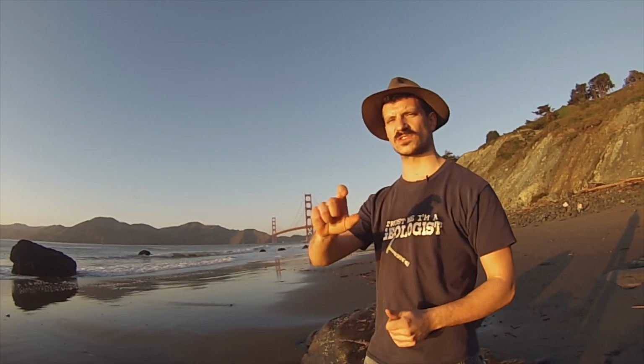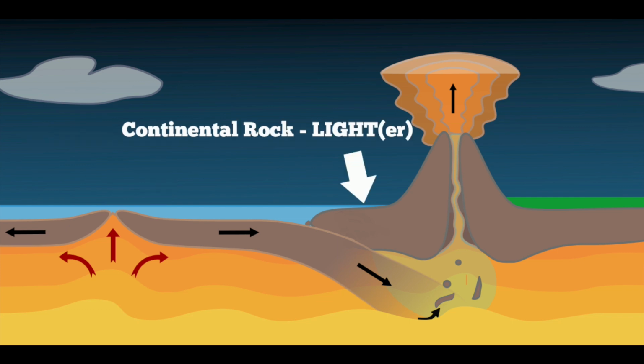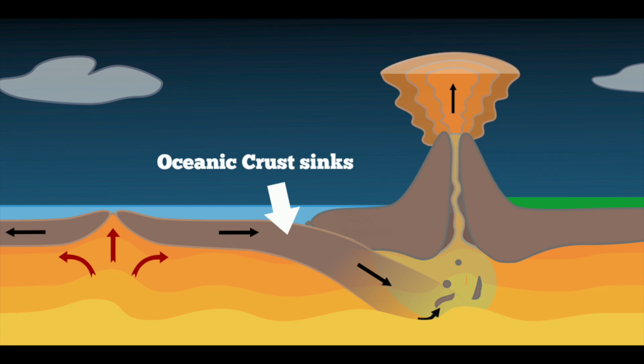The oceanic basalts, the oceanic mantle rock, is dense. It's a lot more dense than the continental crust. And so the oceanic crust, because it's more dense and heavier, is going to sink underneath the continental crust. And as things scrape underneath each other, sediments get scraped up on top.